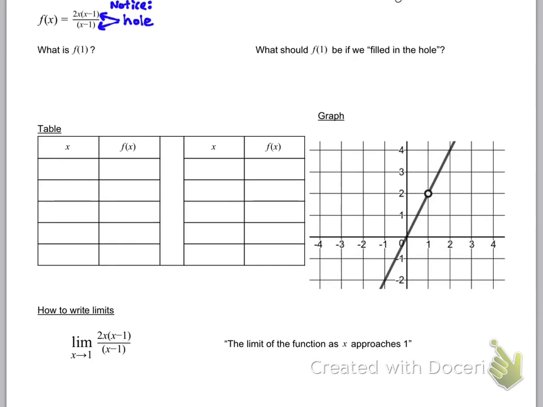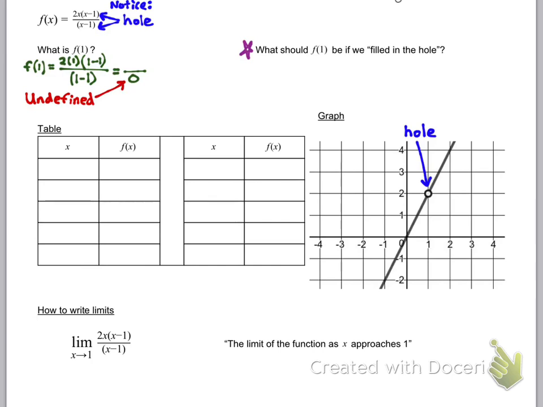It should be pretty obvious that when you try to plug in 1, see there's the hole, you get 1 minus 1 in the numerator and 1 minus 1 in the denominator, which means you're dividing by 0, and since you cannot divide by 0, that function is going to be undefined.